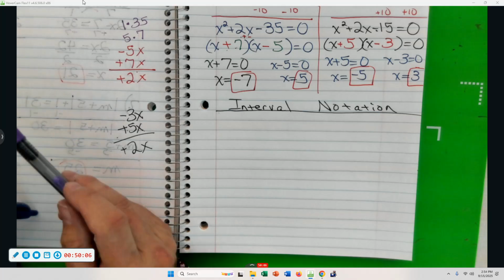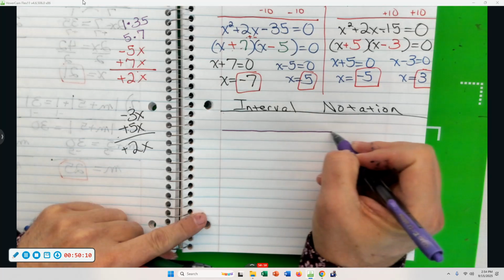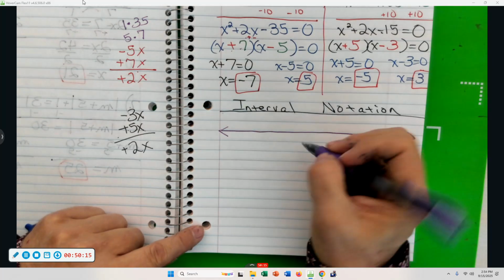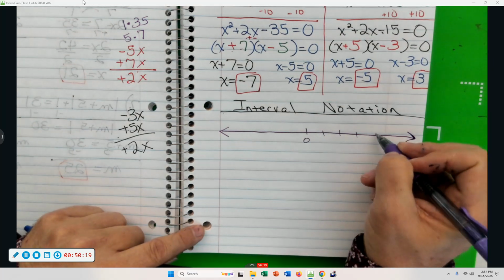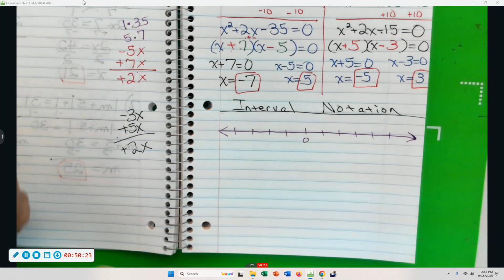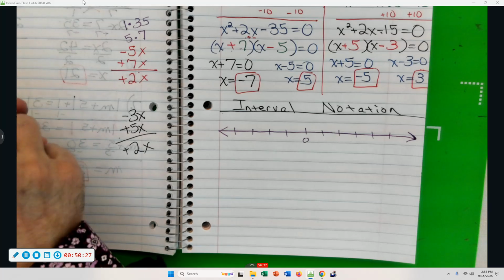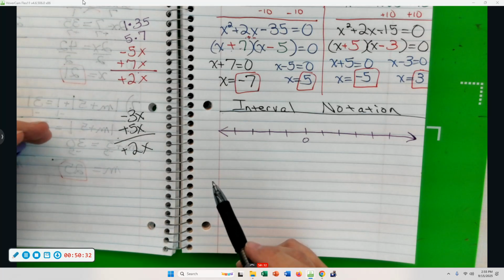So with interval notation, we have a number line. I'm going to be drawing number lines the next time. There's 0, and we have some marks there and there. What we'll be doing the next time, we're going to go through this process to create numbers that are called cut points.